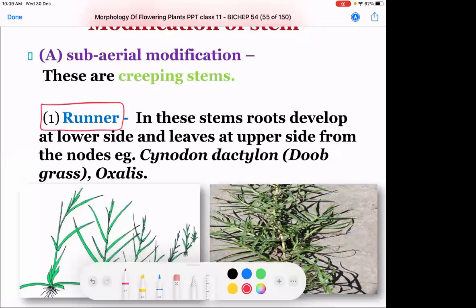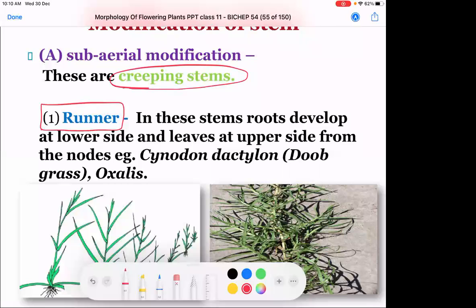Ready? Runner is the first type of subaerial modification. Now all subaerial modifications are known as creeping stems or creepers. Very commonly we have gone through creepers and climbers in, I think, standard 5th or 6th, so it is a common word for us right now.